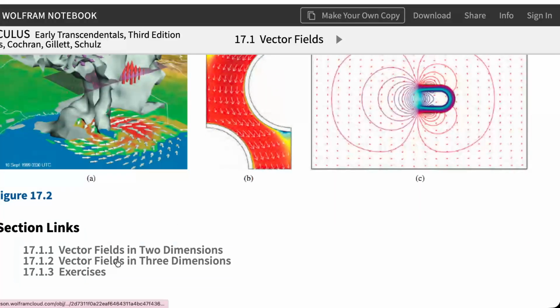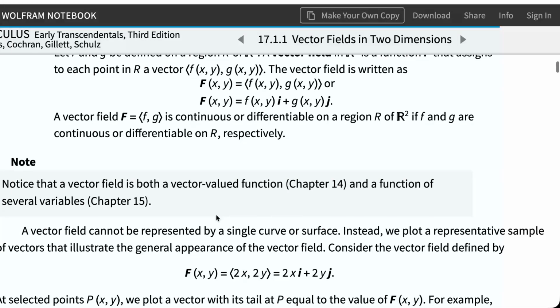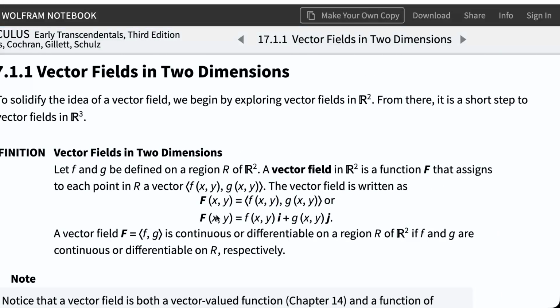I wanted to show you this app they have in here. Maybe first we ought to stop and look at the definition. A vector field in R2 is a function F that assigns to each point in the region a vector whose x-coordinate is a function f of x, y, and the y-coordinate is g of x, y.